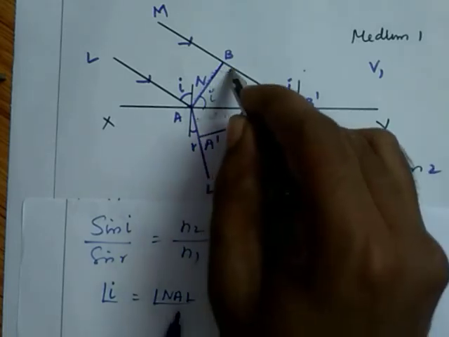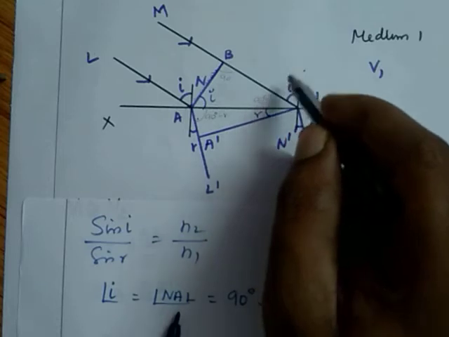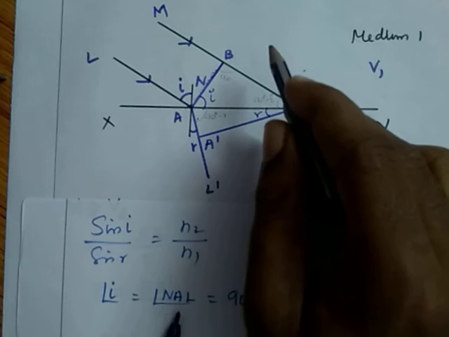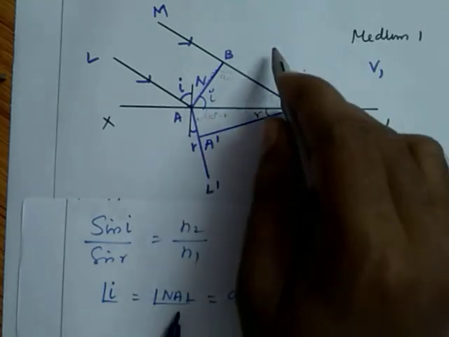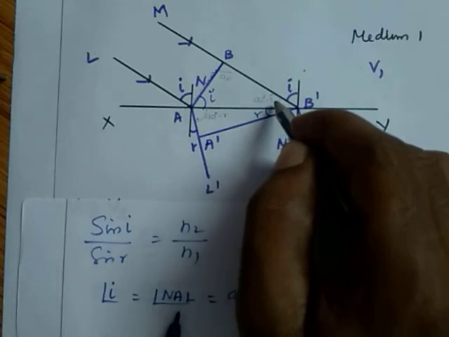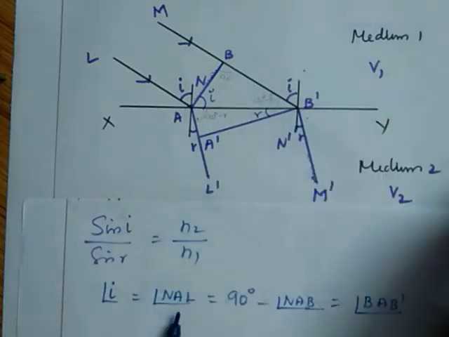Here this is 90 degrees, so the summation of the angles of the triangle will be 180 degrees. We can write x plus 90 plus 90 minus i is equal to 180 degrees. Then we get that the x value becomes i.